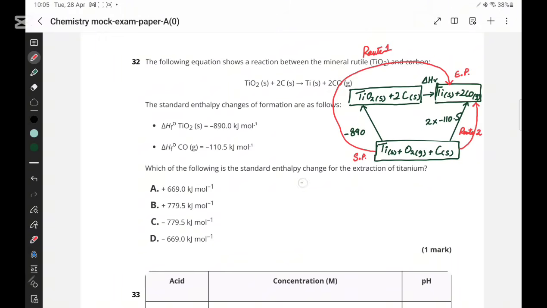So route 1 is minus 890 plus enthalpy of reaction is equal to 2 times minus 110.5. So enthalpy of reaction after solving comes out to be plus 669.0 kilojoules per mole. Answer is A.